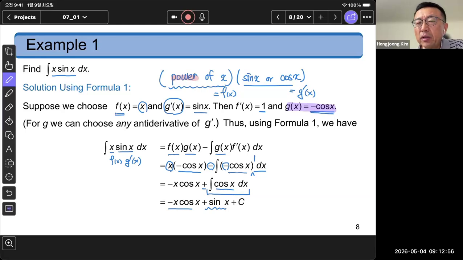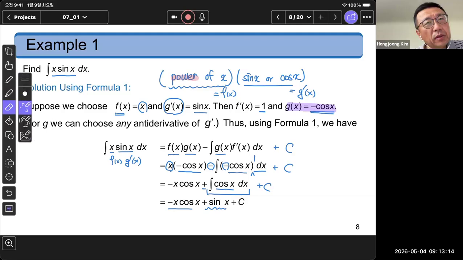Now, actually in theory, as I said, the original formula for the integration by parts must add constant c here, right? But for simplicity, people usually omit this plus c, and then you put the constant c only at the end.